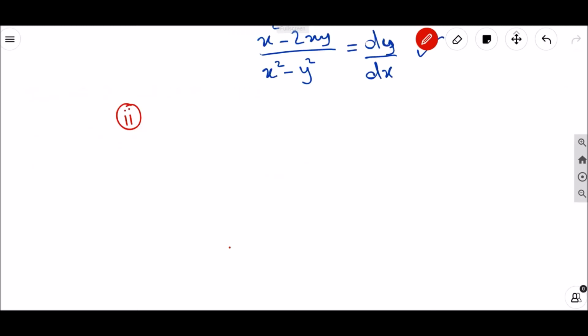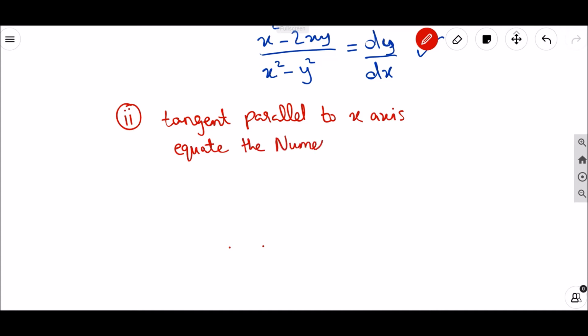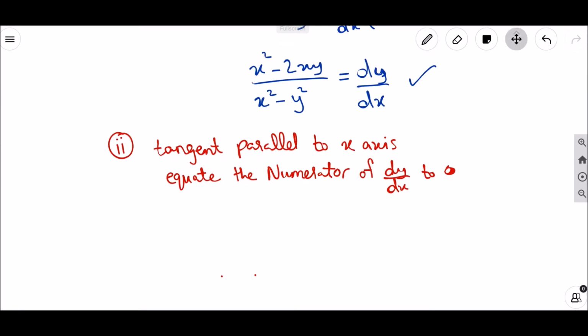So whenever this is given in the question, we just equate the numerator of dy over dx to 0. Here the numerator of dy over dx, as you can see, is this. So the numerator x squared minus 2xy is equal to 0. So we equated it to 0.